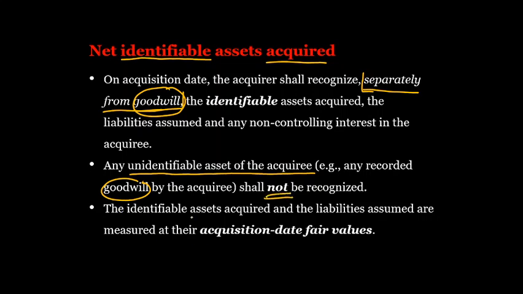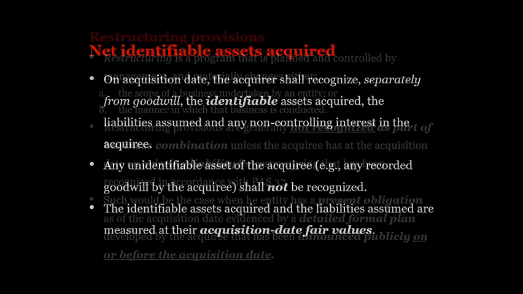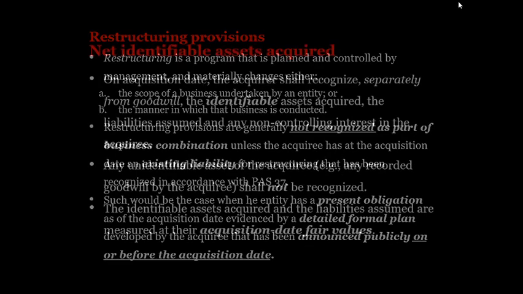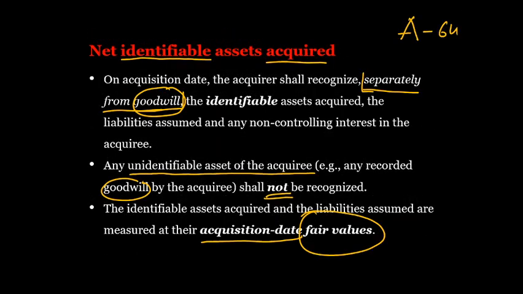Now, the identifiable assets acquired and the liabilities assumed are measured at their acquisition date, again, at their fair market values. In short, the net assets acquired will be total assets minus your goodwill. Pahiya naman ako. Total assets minus your goodwill, you now have your net identifiable assets, right? Okay.